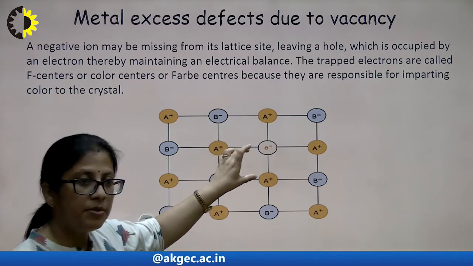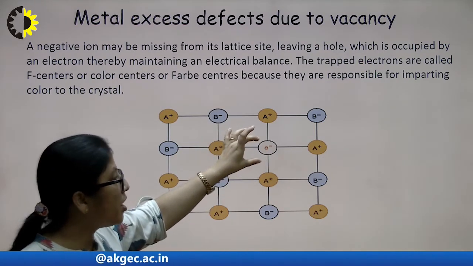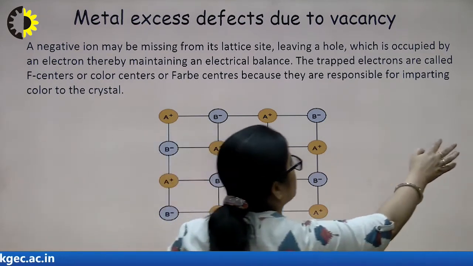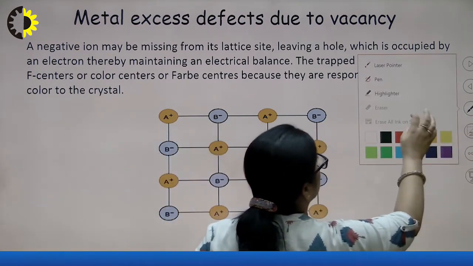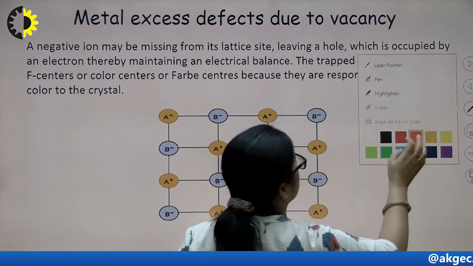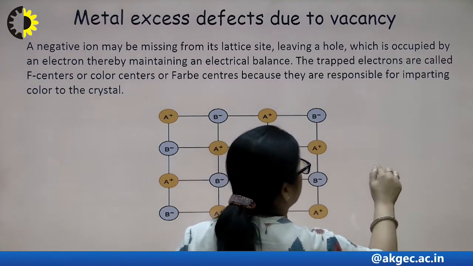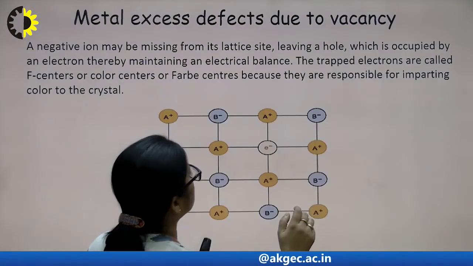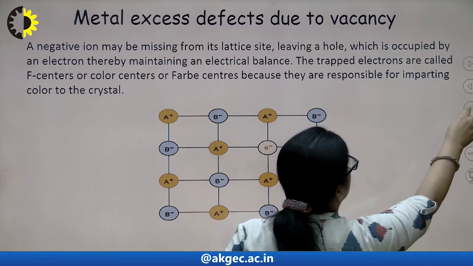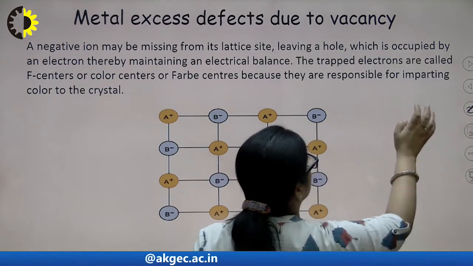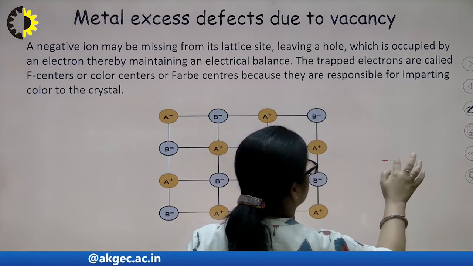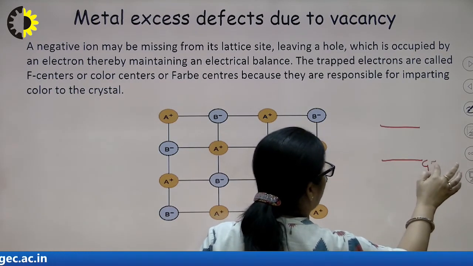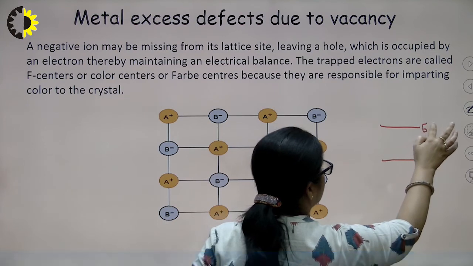Light is absorbed when this electron makes a transition from the ground state to the excited state. Suppose this is the ground state, this is the excited state.